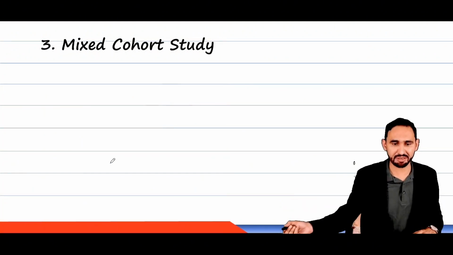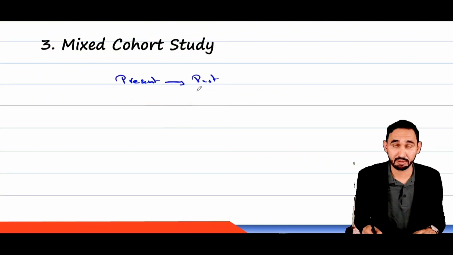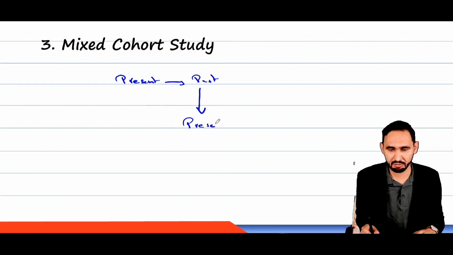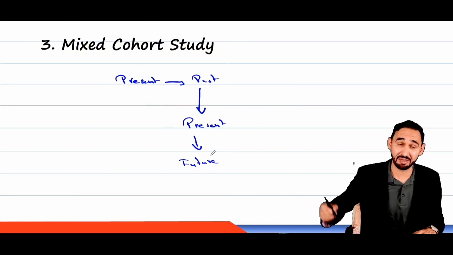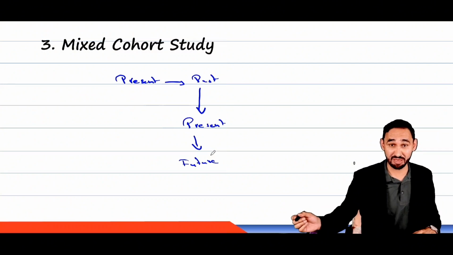What is mixed cohort study? We move from present to past to establish the association or to establish this factor. Then we move from past to present. Then we move from present to future. Like in the study of uranium and lung cancer, we move from present to past to see the exposure.